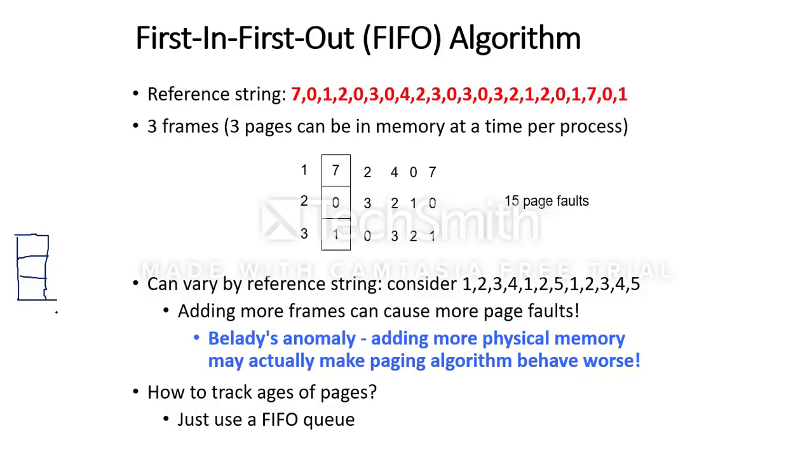Theoretically, we agreed that if something is not there in the physical memory, then it means it's going to give you a page fault, right? So you're going to record a page fault here. Once you record a page fault, you now need to add 7 into your memory. You now have your 7. Then you take your 0. Again, it's also going to give you a page fault because our memory was totally empty.